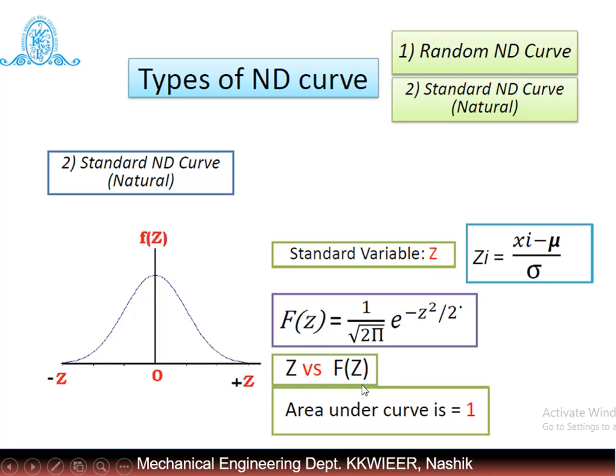So z versus fz. In the previous case, the area under the curve is N, the total number of observations. Here the area under the curve is 1, so 100% of the data is covered by this standard normal distribution curve. That is 1.